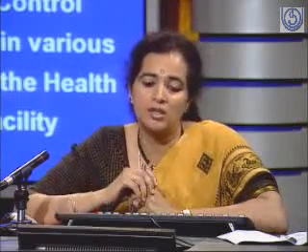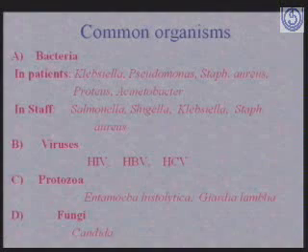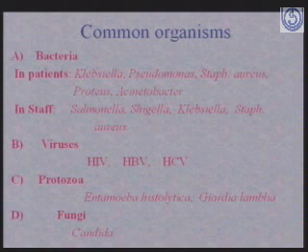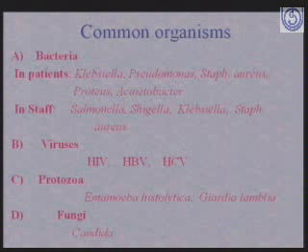Sure, ma'am. So what are the common organisms that are involved in nosocomial infections or healthcare associated infections? They are bacteria, viruses, protozoa and fungi. Among the bacteria in patients, the common bacteria include Klebsiella, Pseudomonas, Staphylococcus aureus, Proteus and Acinetobacter.